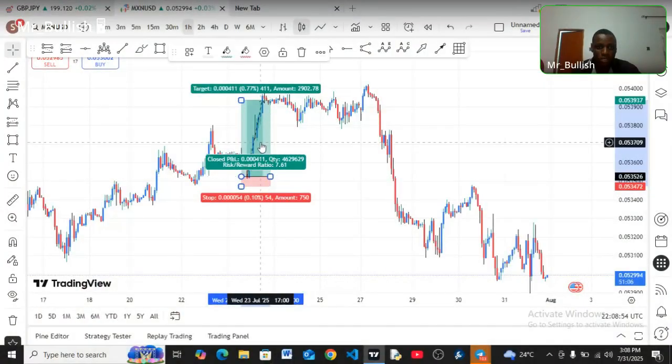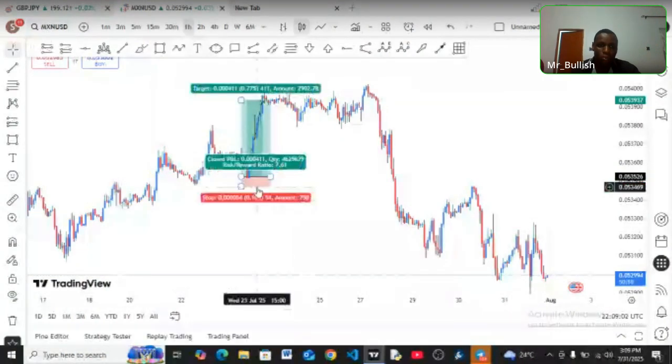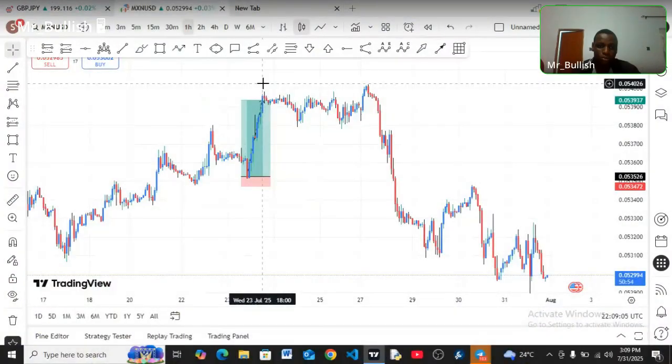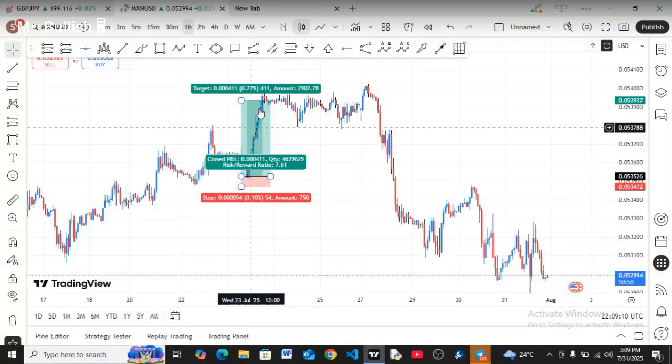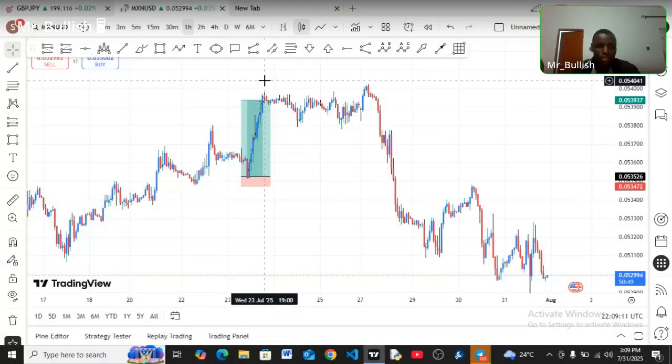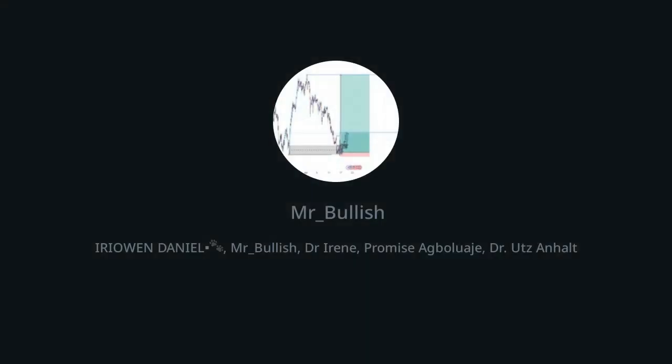What it means now is that this Mexican pesos actually was moving up. You understand? It was moving up. That's why we have these candlesticks going up. So the bullish candlestick is basically for the base currency, while the bearish candlestick is for the quote currency.